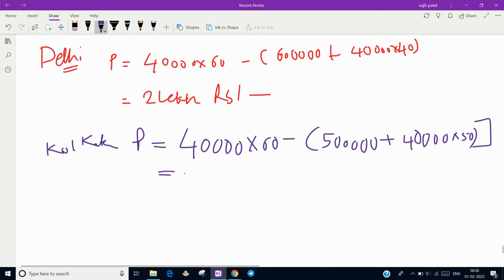Whenever you solve this, you will get minus 1 lakh, so it will be negative.